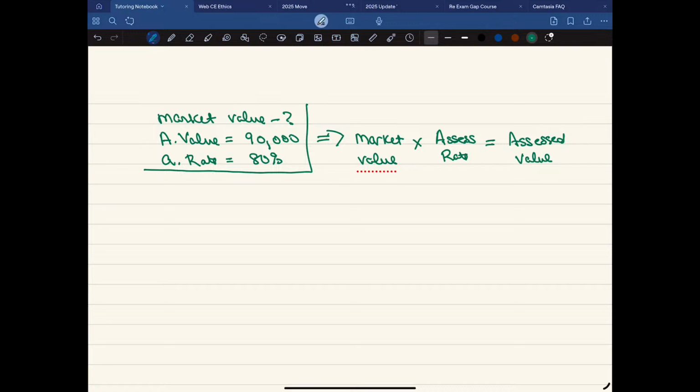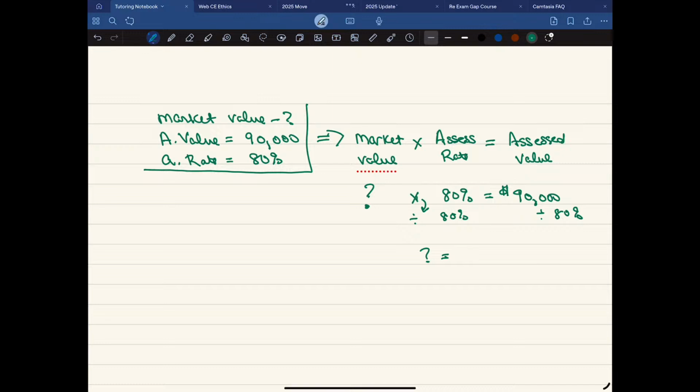So we're looking for this times 80% equals $90,000. To solve this, we have to get rid of this 80%. The opposite of multiplying is dividing, so we divide both sides by 80%.